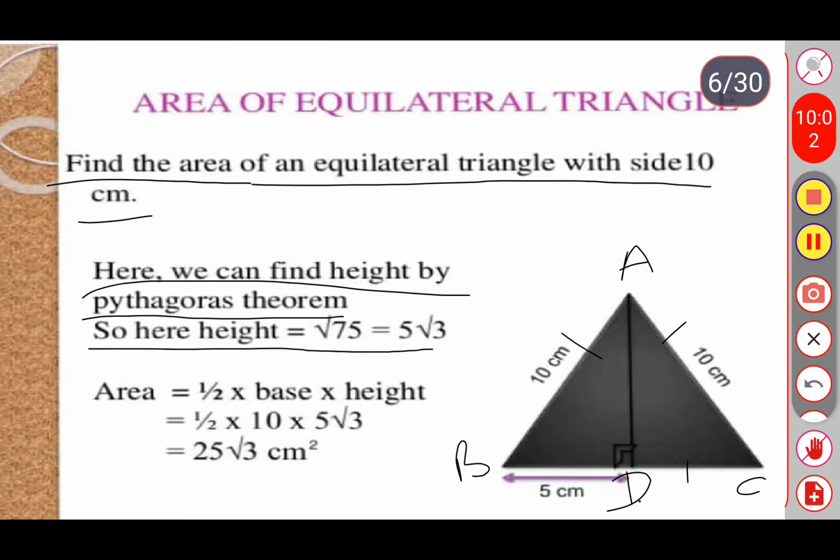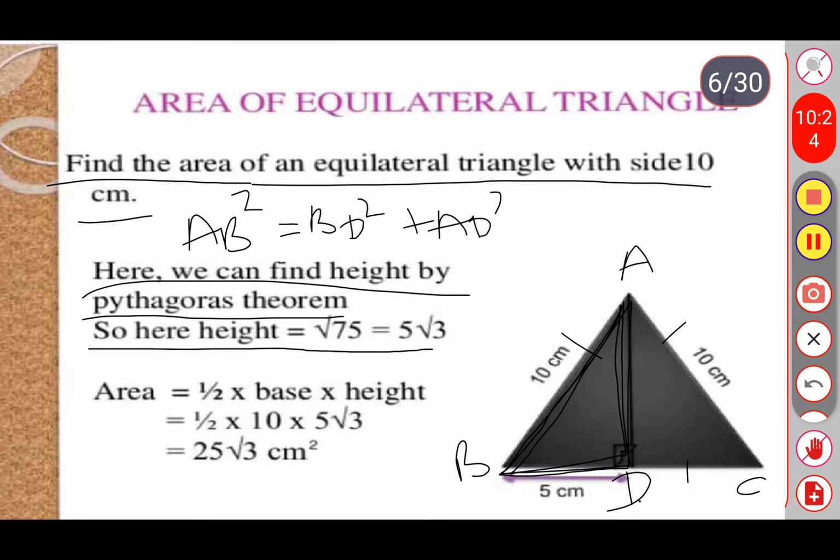It means if we are considering this ABD, ABD is a right angle triangle. In that, which one is the hypotenuse? AB. So AB square is equal to BD square plus AD square. So the square of the hypotenuse is equal to the sum of squares of the other two sides.